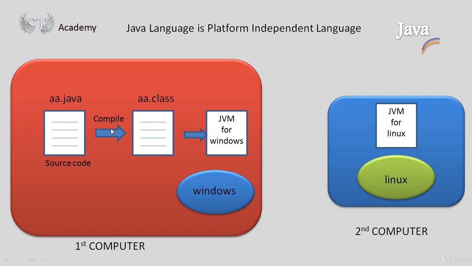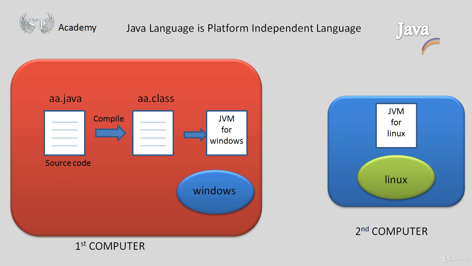I compile it. Once I compile it, in Java the architecture is such that in spite of getting an object file, I will get a dot class file. Now this dot class file, having the extension class, is known as neutral code, or you can call it intermediate code also.